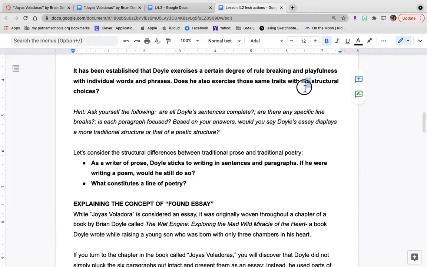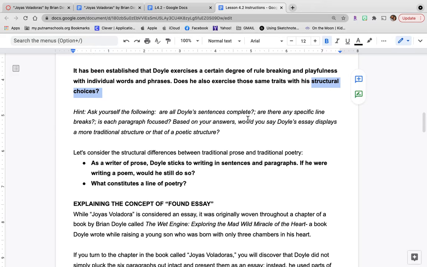When we think structural choice, we're thinking about how it's been built. And he's used the form of an essay, a prose. So to answer that question, you need to ask yourself other questions. Are all Doyle's sentences complete? Yes, they are. Some of them are long and lengthy, but they are all complete sentences.